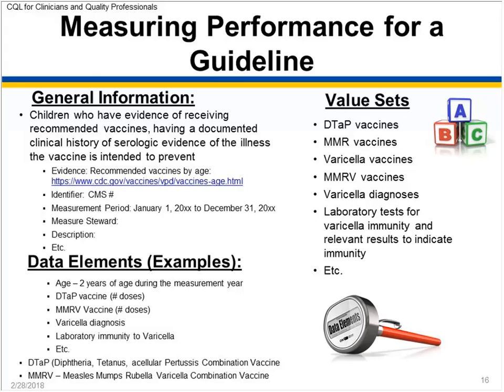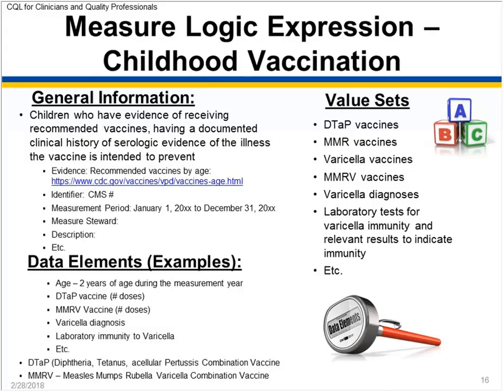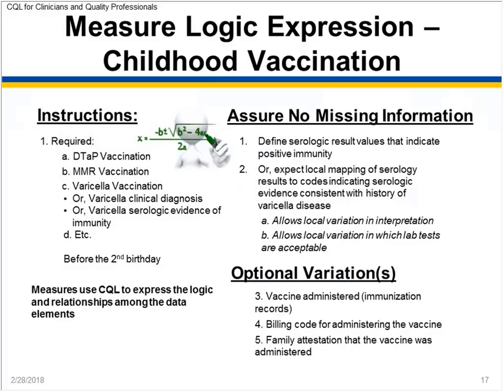Next slide. So once you have all that combined, you need instructions. The instructions are basically telling you, using an expression language, what is meant by DTaP vaccination, MMR vaccination, varicella, or clinical diagnosis or serologic diagnosis, and how do you add it all up so that you can come up with an answer and assure that there's no missing information.